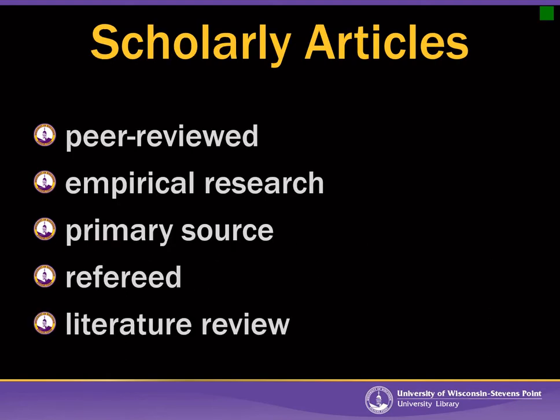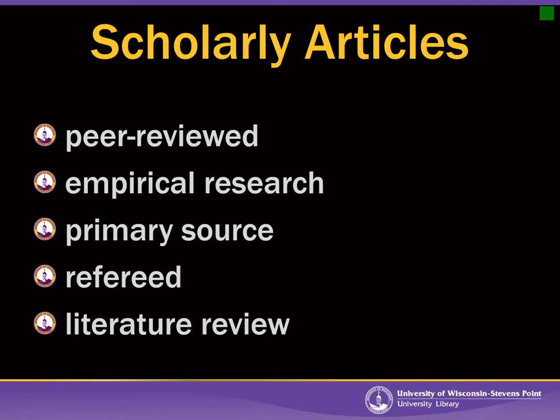I want to spend a little more time on scholarly articles because I think they're often misunderstood. I also think they're overemphasized for college research assignments, but that would be an entire separate lecture. Now, scholarly articles go by many different names, and you see those names on the screen. Peer-reviewed is probably the most common.